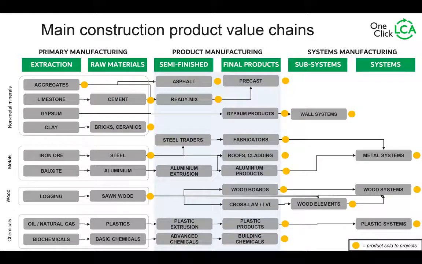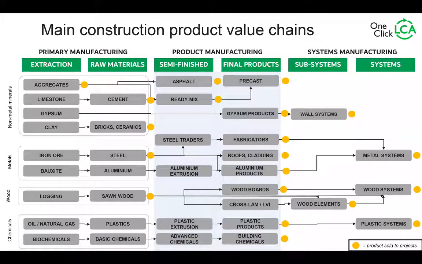Steel, for one, is very often a traded commodity. So steel traders buy steel from different places and provide it to fabricators and sometimes manufacturers. They then make metal systems, metal frames and other things. Steel is also sold directly for making roofing, cladding, and other elements, as well as a number of different products.